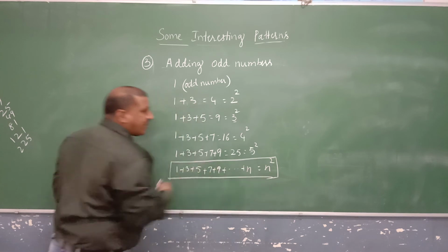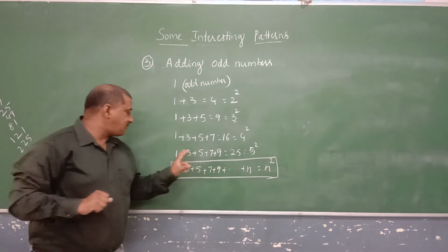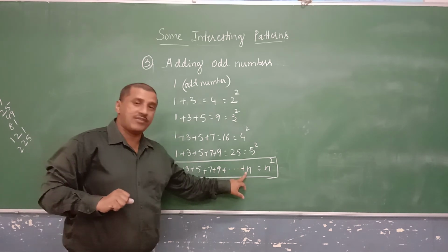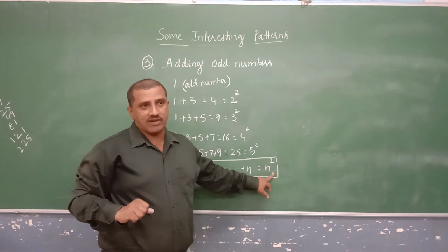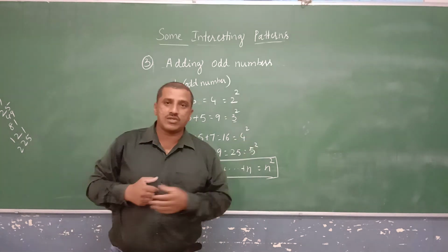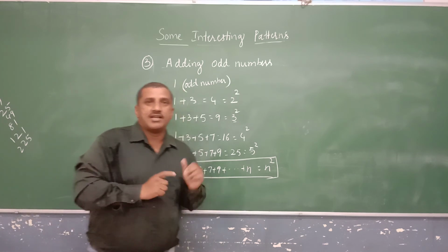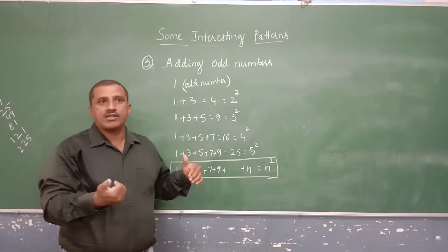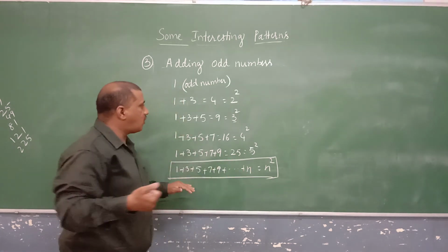So the sum of the first n odd numbers is equal to n square. The sum of the first 5 odd numbers is 5 square. The sum of the first 10 odd numbers is 10 square, that is 100. Like this we can conclude.